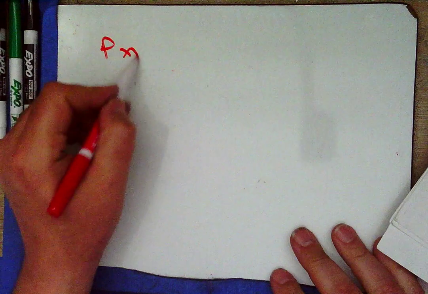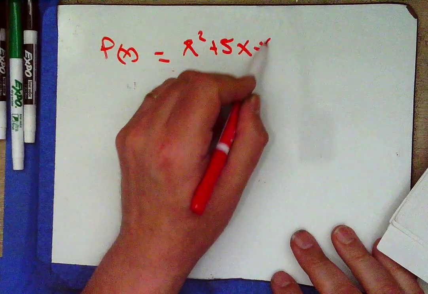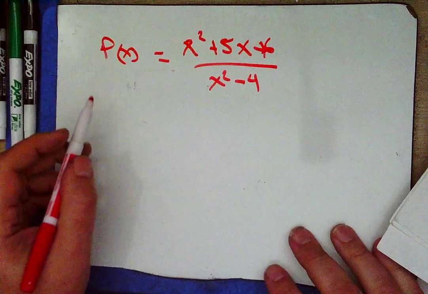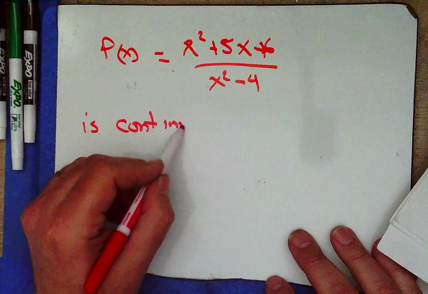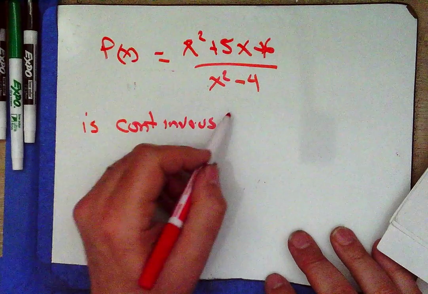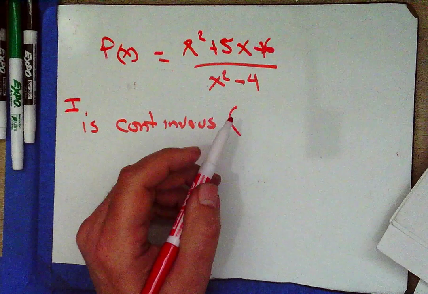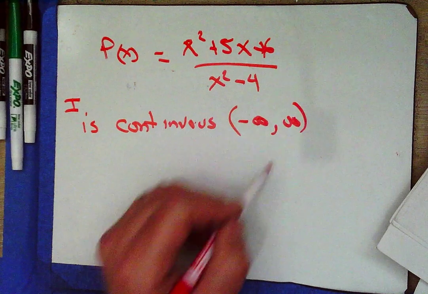Here we go. f of x equals x squared plus 5x plus 6 over x squared minus 4. Roman numeral 1: is continuous on negative infinity to infinity.